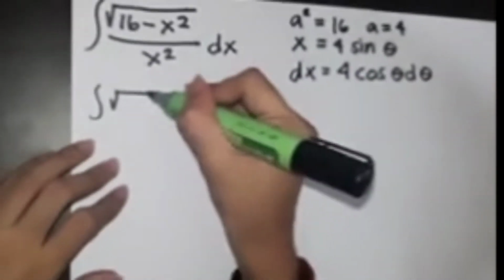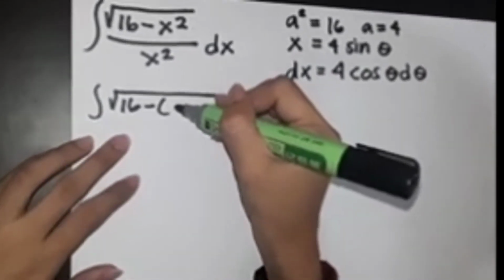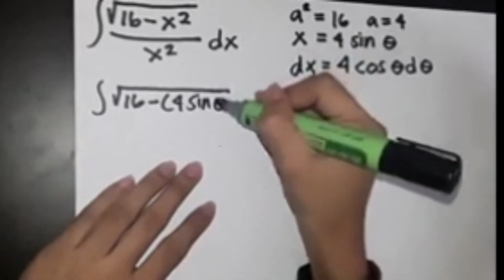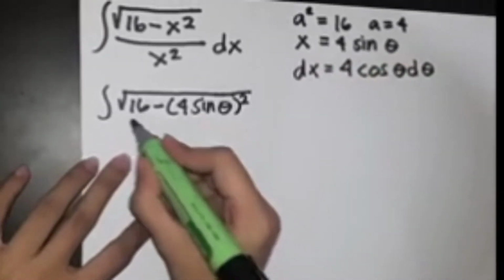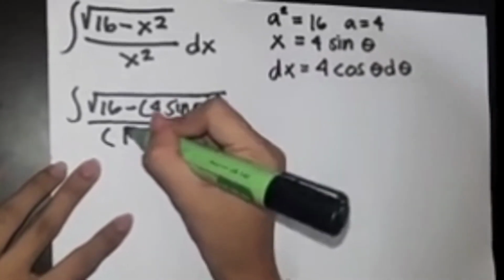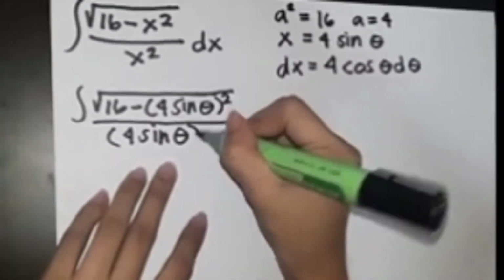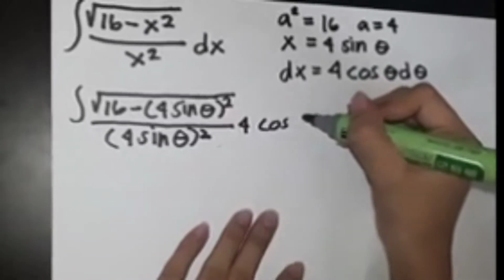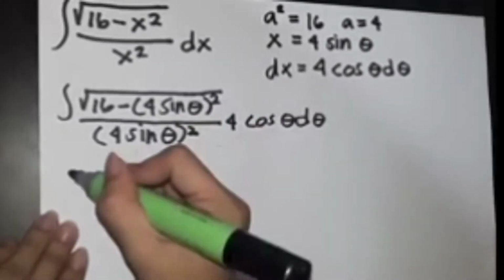Now, we can have the integral of square root of 16 minus, we will replace x with 4 sine theta squared, over our x squared, which will be equal to 4 sine theta squared. And we will replace our dx with 4 cos theta d theta.